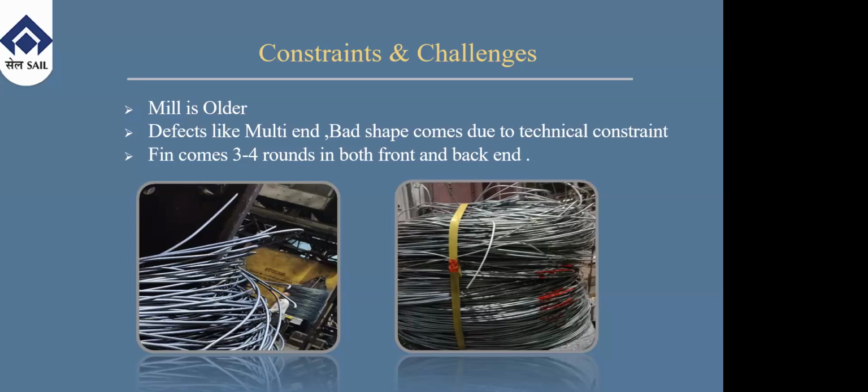Then we will definitely produce not only higher weight coils, but also certain new grades which at present we are not able to make. There are very high-end grades of wire rods which ISP is making and which we are not able to produce, like MIG, PC115, LRCPA, and other special quality wire rods.